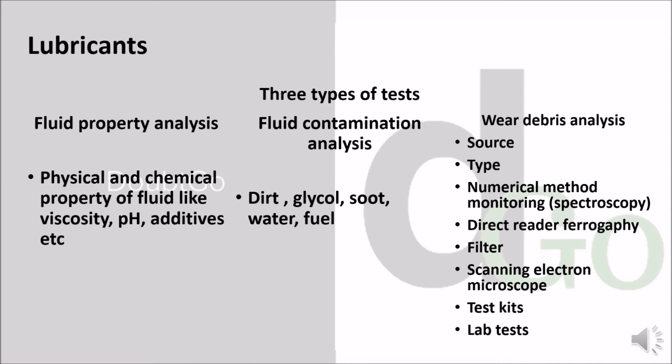Filtered debris analysis, or separation by a filter, can also be used to detect wear in a lubricant. Scanning electron microscopes, engine oil test kits and other oil test kits are also available. Lab tests for oil quality, wear and contamination can also be done.